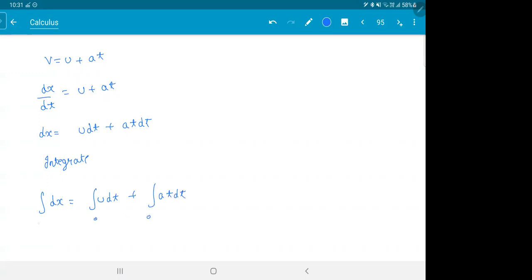When time is 0, you're at the initial position. When time is t, you're at the final position. So this will be integral x to the power 1 with limits x initial to x final. U is constant, it comes out of the integral, so t to the power 1 from 0 to t. A is constant, and the integration of t dt is t square by 2.